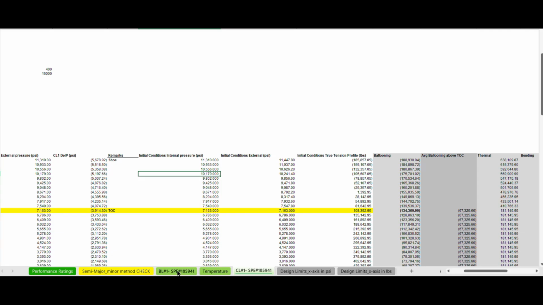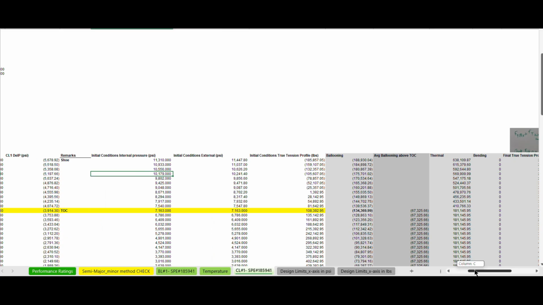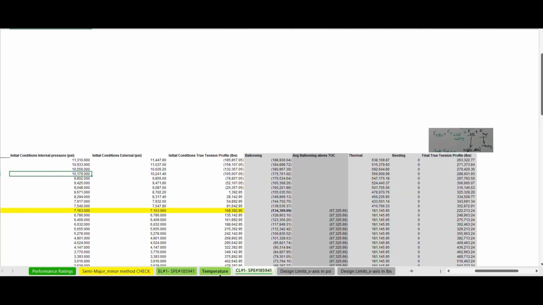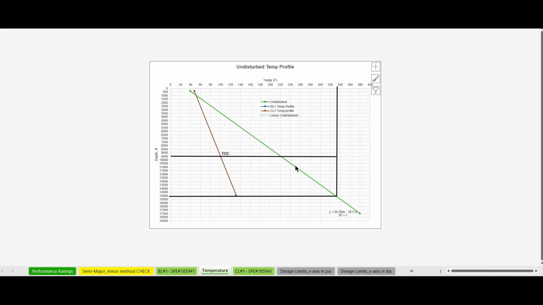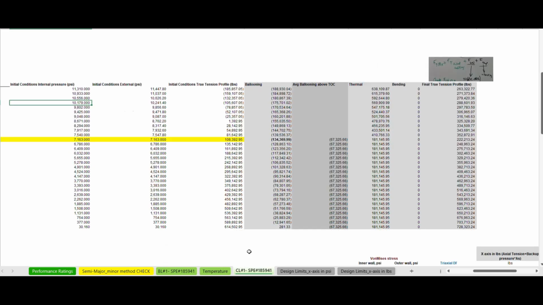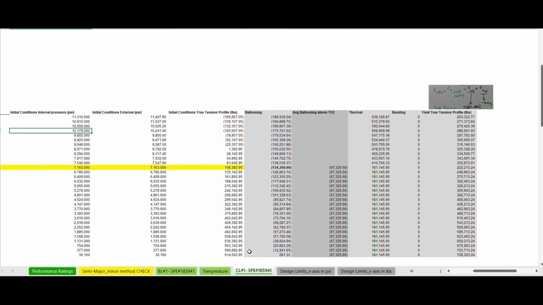What is going to change from the burst load case is the ballooning and the thermal profile. I think the temperature profile is the same for the burst load and the collapse load case, which might not be very realistic, but just for the sake of the load case, the thermal stress is the same.